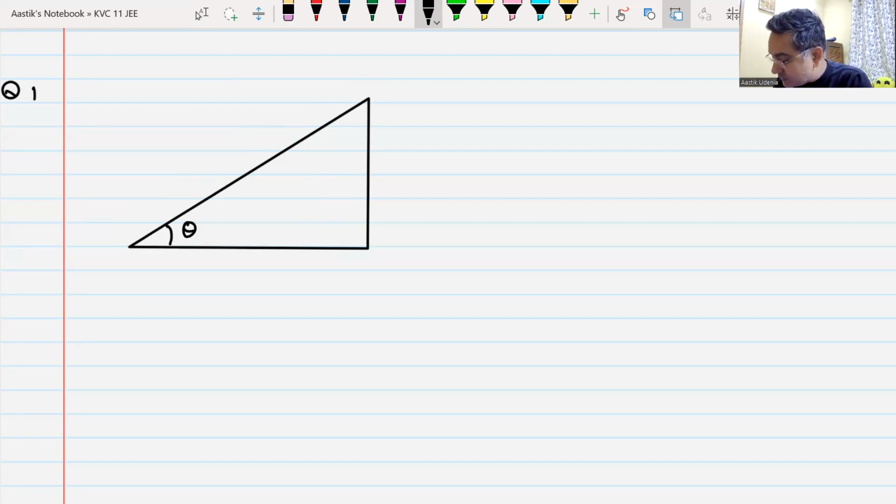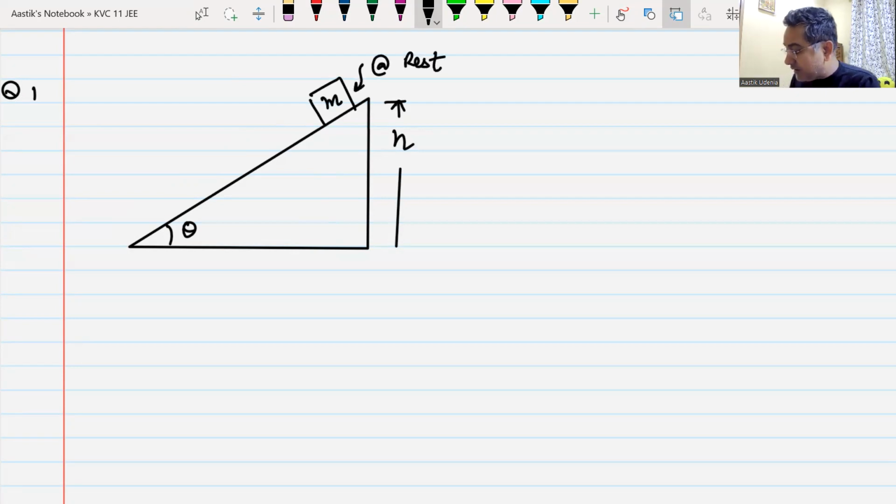I have this angle as theta. Let us say the height of this wedge is h, and I have a body of mass m kept here, at rest. This body is going to move down. The coefficient of friction between the surface and this body is mu.